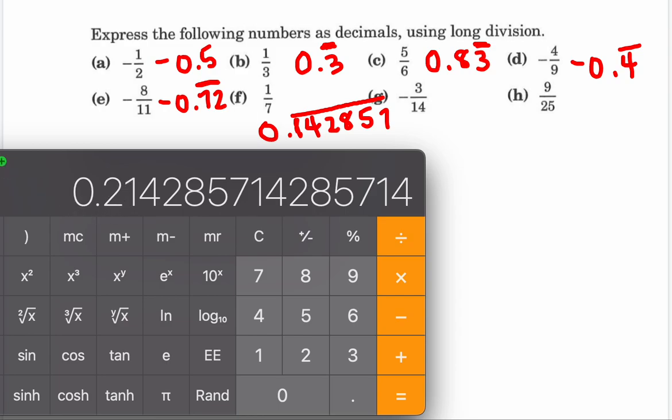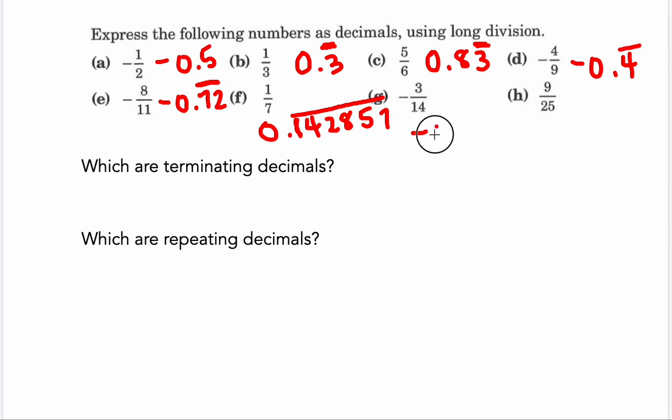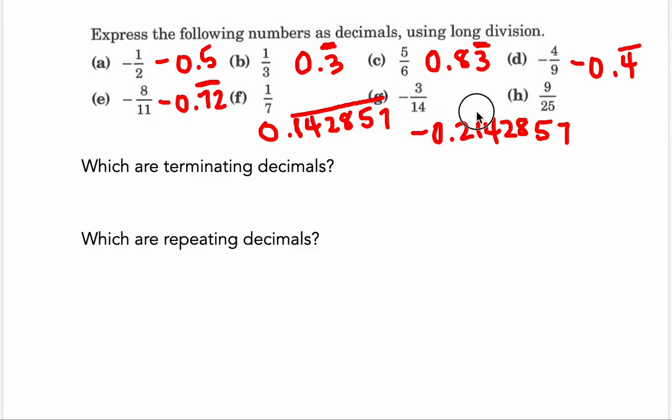So there's a 2 in the front that doesn't repeat. Then 142857. Remember that 2 wasn't repeating, just all the rest there. So that's a lot of repeating digits.